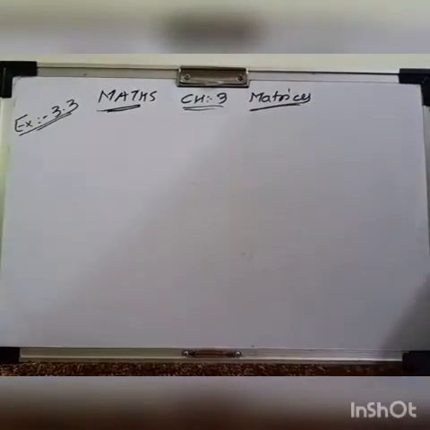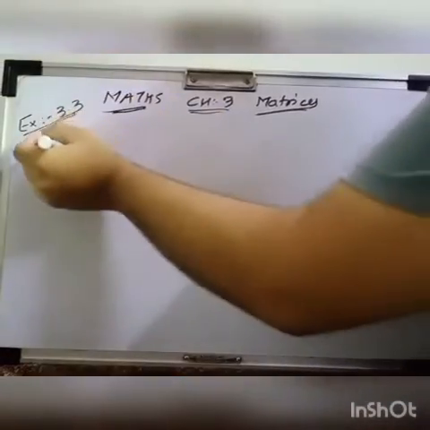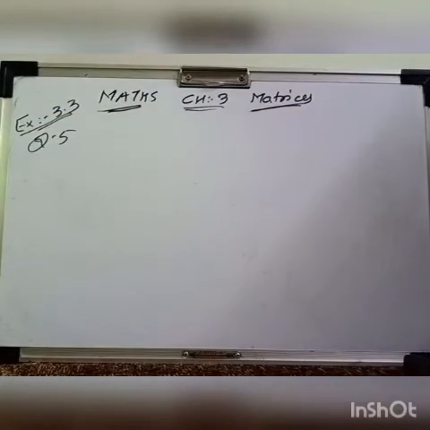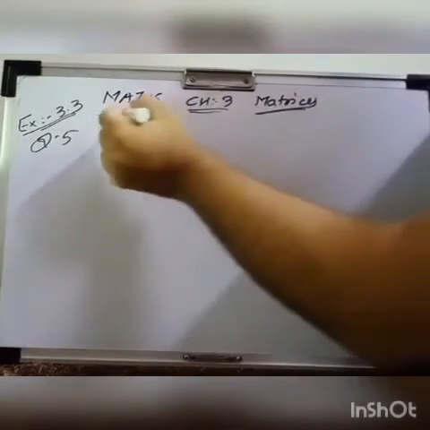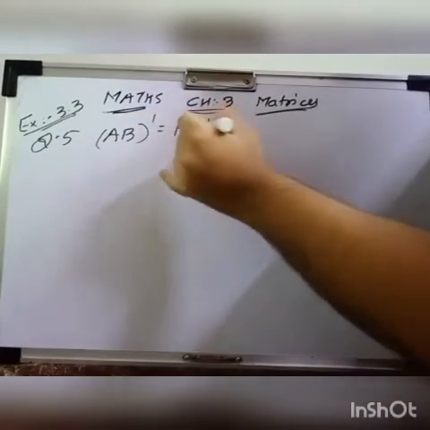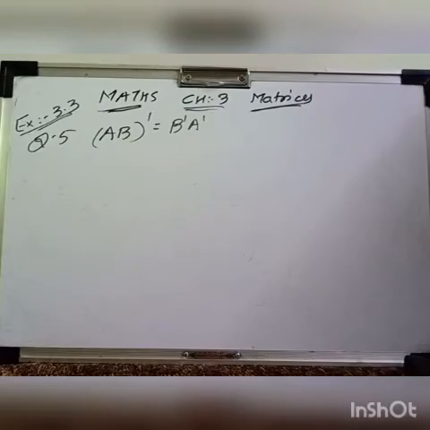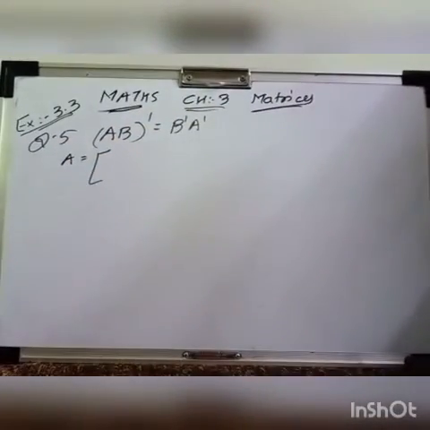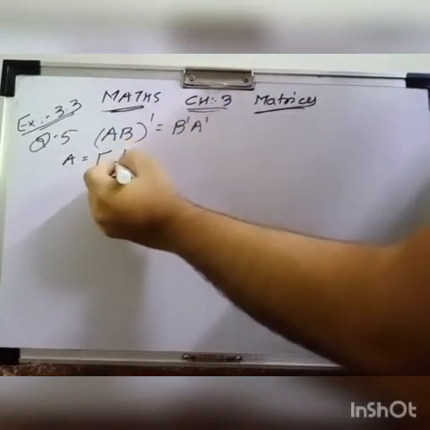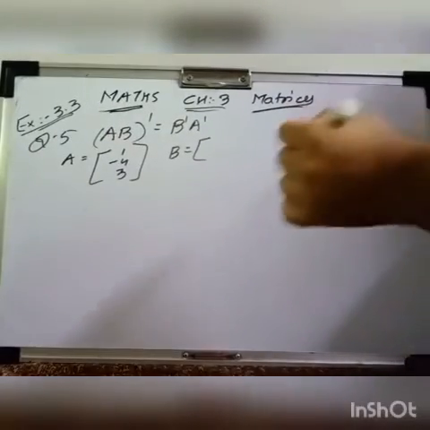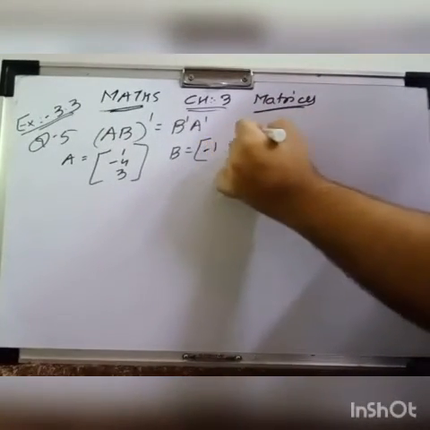Let's try to understand fifth question, where we are asked to verify the property of a transpose related to multiplication. So we have to verify A multiplied by B whole transpose is B transpose into A transpose, and the given matrix for that is A, which is a column matrix, and B, which is my row matrix, right?